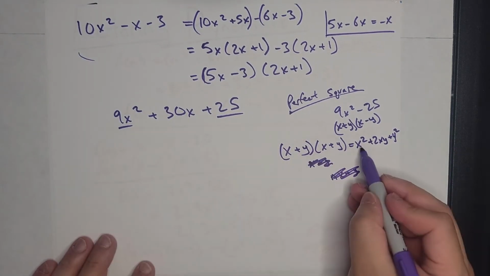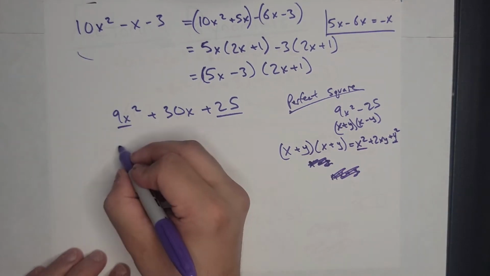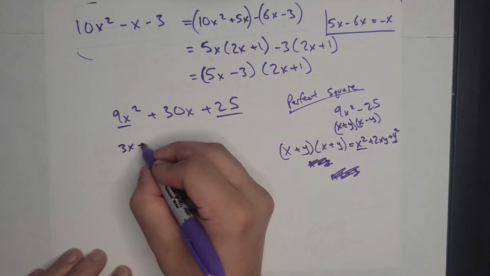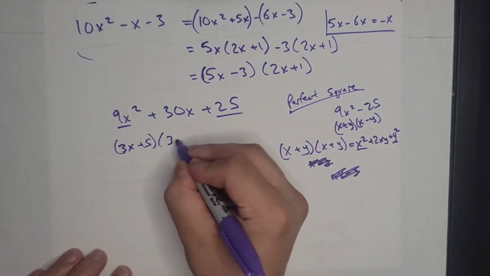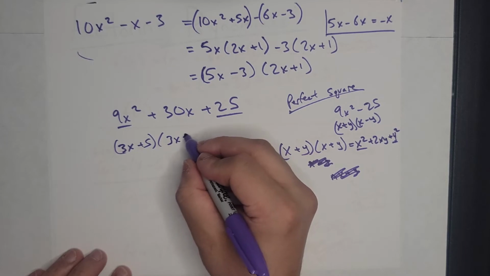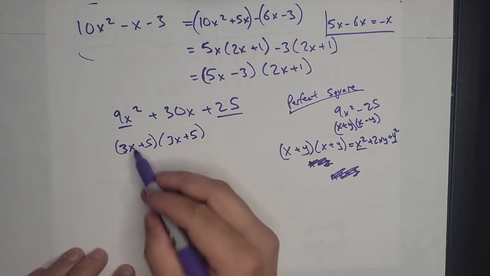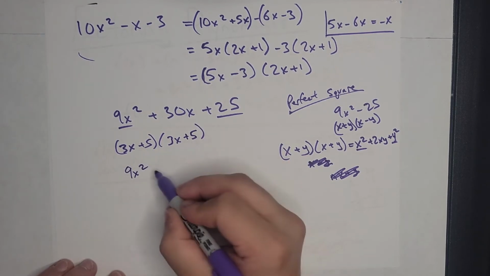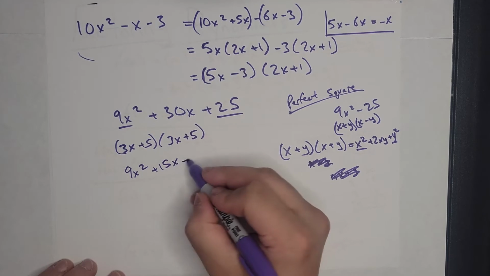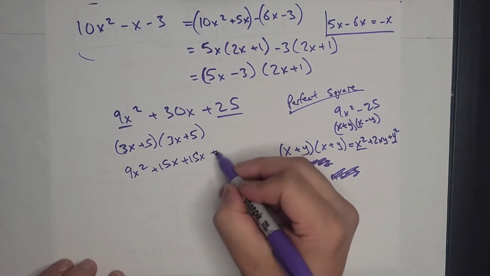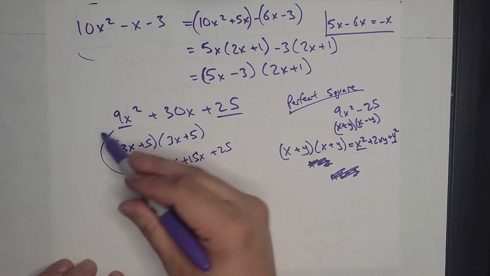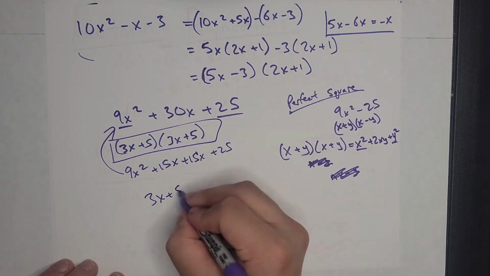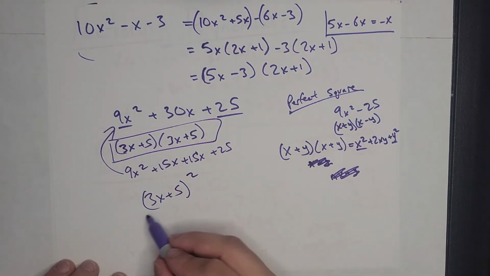So recognizing that this is actually 3x, and then our y is actually 5. Right, and if I was to expand this, 3x times 3x is 9x squared, plus 15x plus 15x plus 25. Yep, and I end up with that. So that is my answer. Well, actually 3x plus 5 squared.